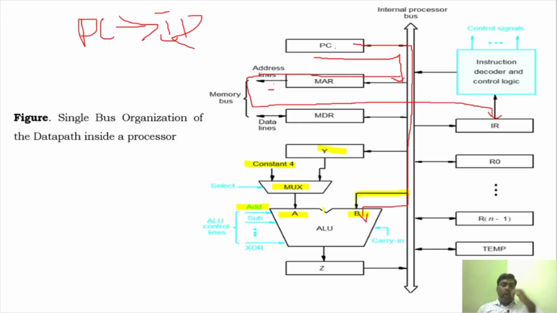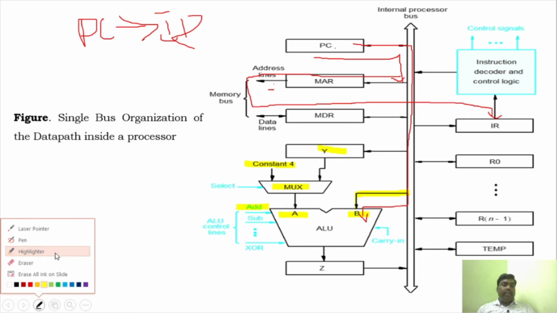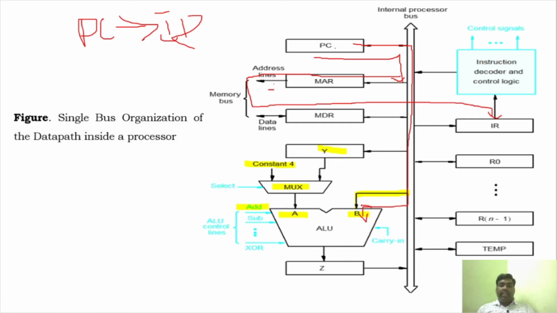Now the content of the PC has reached B. The multiplexer will select the constant 4 and it is given to A. Now A has constant 4 and B has the value of PC.